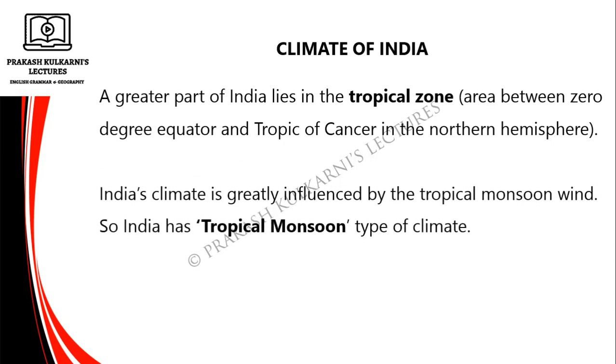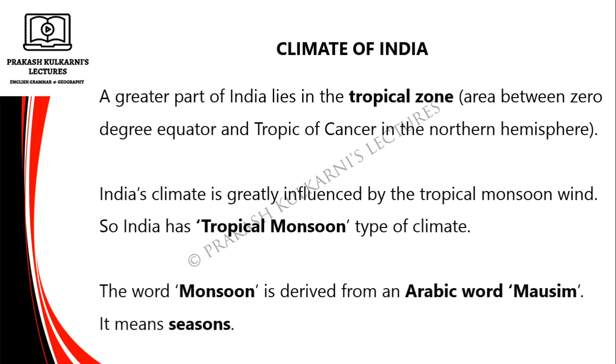India's climate is greatly influenced by the tropical monsoon wind. So, India has tropical monsoon type of climate. The word monsoon is derived from an Arabic word mausim. It means seasons.